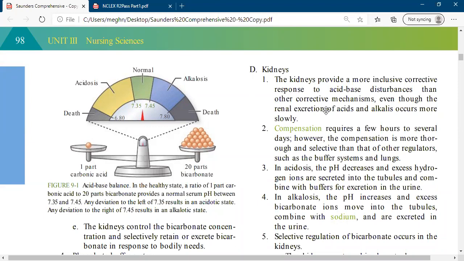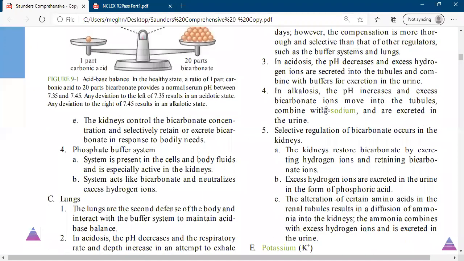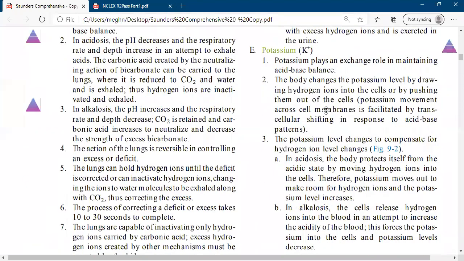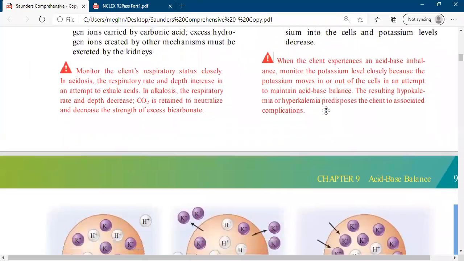The normal pH in the body, 7.35 to 7.45 is normal. If the pH is less than 7.35, it is acidic. If more than 7.45, this is alkalosis. This is our first step to answering acid-base type questions.